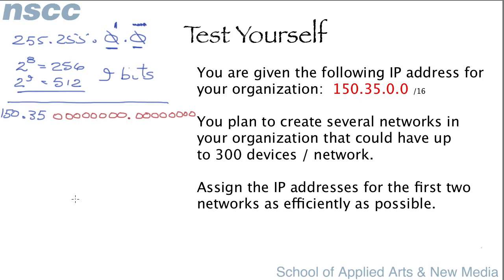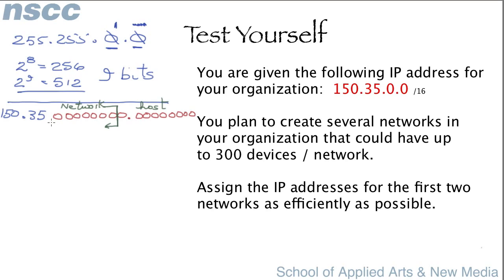And what we said is we're going to split here, and we're going to use these on this side to be part of the network. And these here are all going to be host bits. Now I've borrowed 1, 2, 3, 4, 5, 6, 7 bits. That's a lot. That's 128. So I could have 128 networks here, but I'm just going to assign the IP addresses for the first 2.